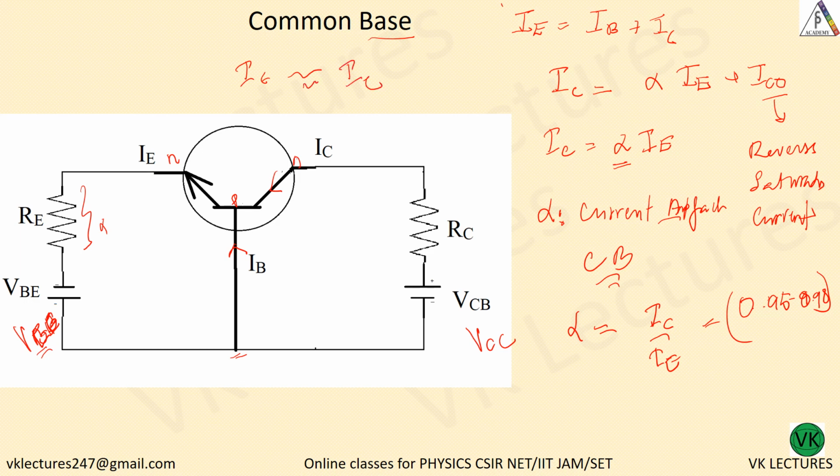Not exactly similar, because IB will be on the order of microamperes, while both of them are in milliamperes. The current through the base is very small, so IE will be almost equal to IC.